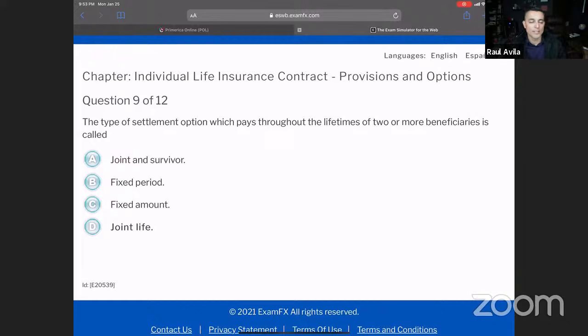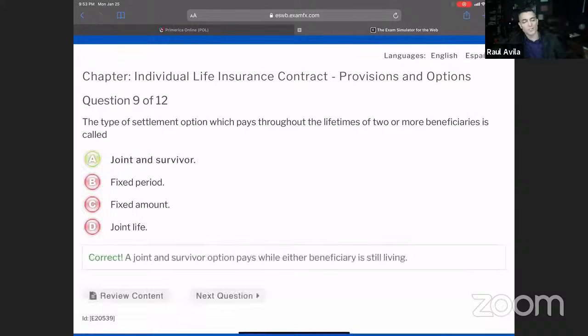Ooh, wait. I'm gonna give you a tip. It pays throughout the life. I'd say A. 2 or more. So joint life pays for 2, but if one of them dies, the survivor gets nothing. But look at the question. It's asking, which of the following pays through the lifetimes of the 2?